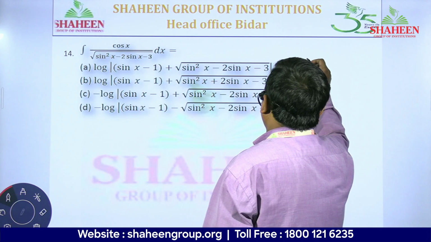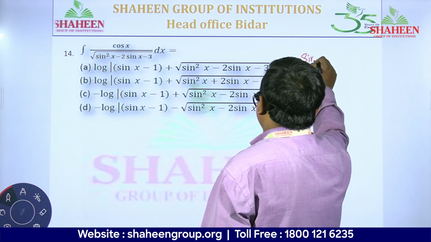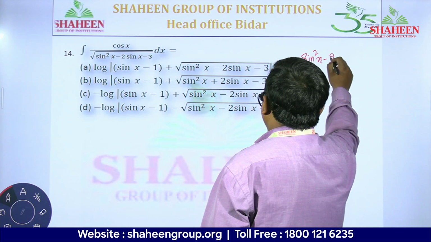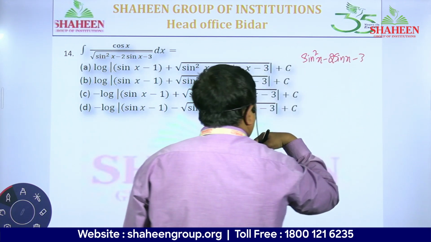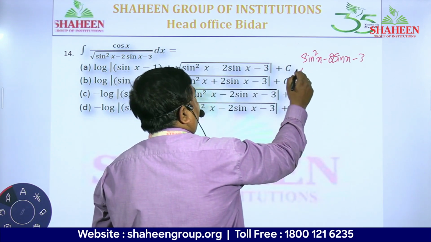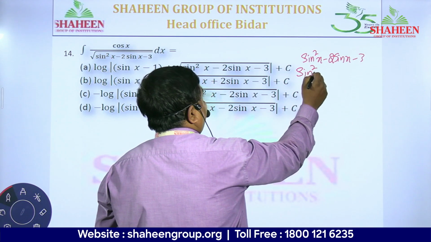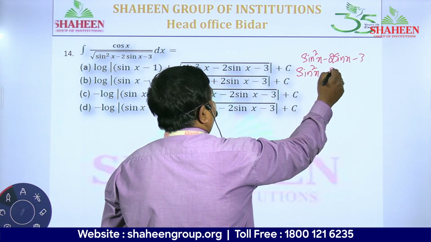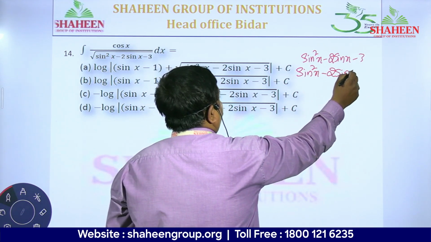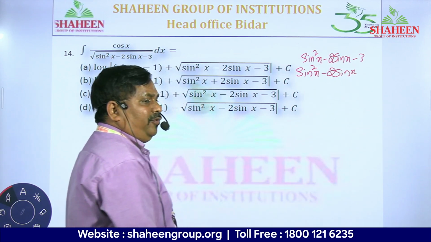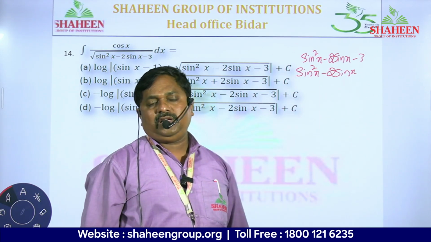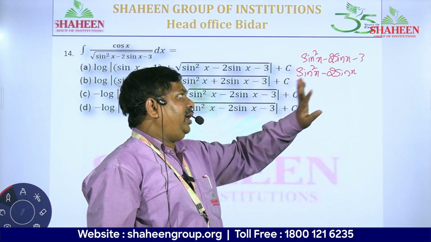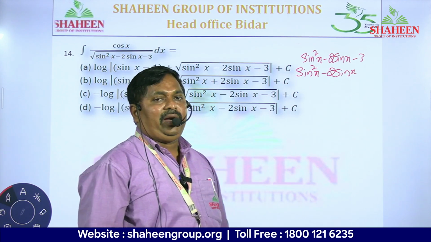Let us consider that under root term, sin square x minus 2 sin x minus 3. To convert this into a perfect square, the first term is sin square x and the middle term is minus 2 sin x. If you compare these two terms, they are in the form of a square minus 2ab. So let us find the b value.